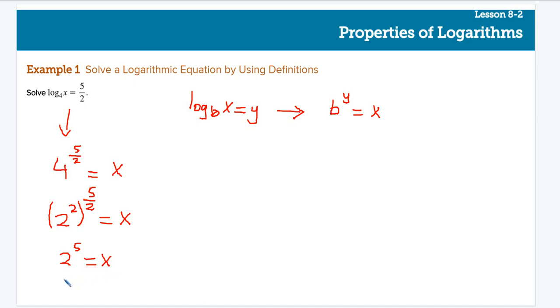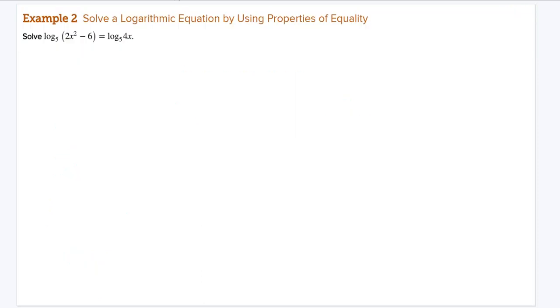And we know what 2 to the power 5 is, that is 32. So x should be 32 in our first question. First we convert it to an exponential equation, use the basic properties of the exponentials, and find the solution. That will be the first question.